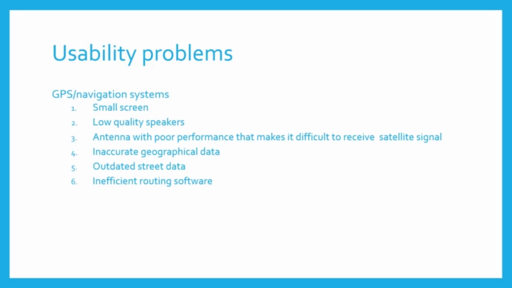I will now be outlining some usability problems of modern devices. For GPS navigation systems, some potential problems might be a small screen that doesn't really allow the user to see very well, low quality speakers, antenna with poor performance that makes it difficult to receive satellite signal, inaccurate or outdated geographical data, or insufficient routing software that causes inconveniences.